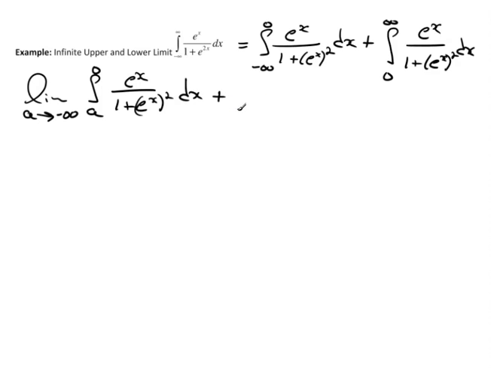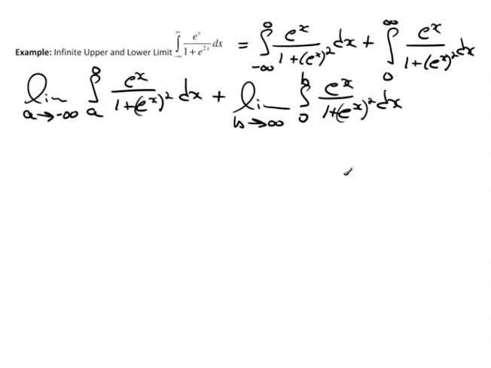And I need to add this to the limit as b goes to positive infinity of the integral from 0 to b of, again, e to the x over 1 plus e to the x squared dx. Now, I'm going to ignore these limits for just a second, and I'm just going to work with the indefinite integral. So I need to find the antiderivative. Once I find the antiderivative, then I can slip it back in and work with these limits.